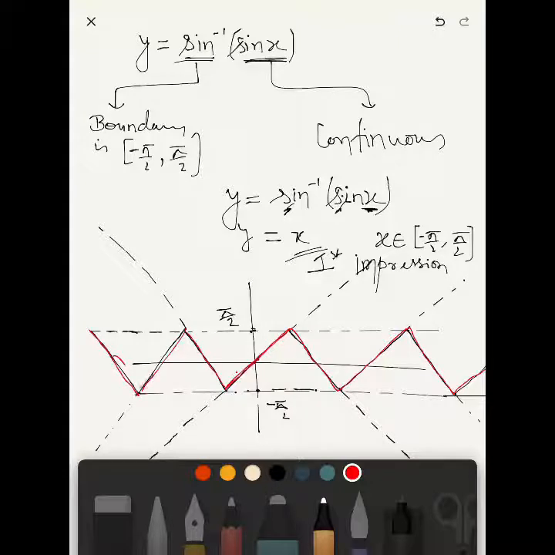Here your value is pi by 2 and this line is y equals to x.